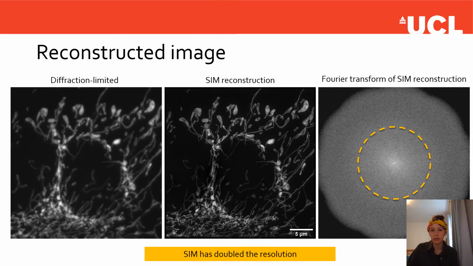That's where the Fourier transform information of our diffraction limited image would live. We've actually now got frequencies from further out, so we're reaching further into higher frequency land, and those come out in our image as higher resolution. And our SIM circle, as it were here, is actually double the radius of our diffraction limited circle. So SIM has doubled the resolution, which is very cool.